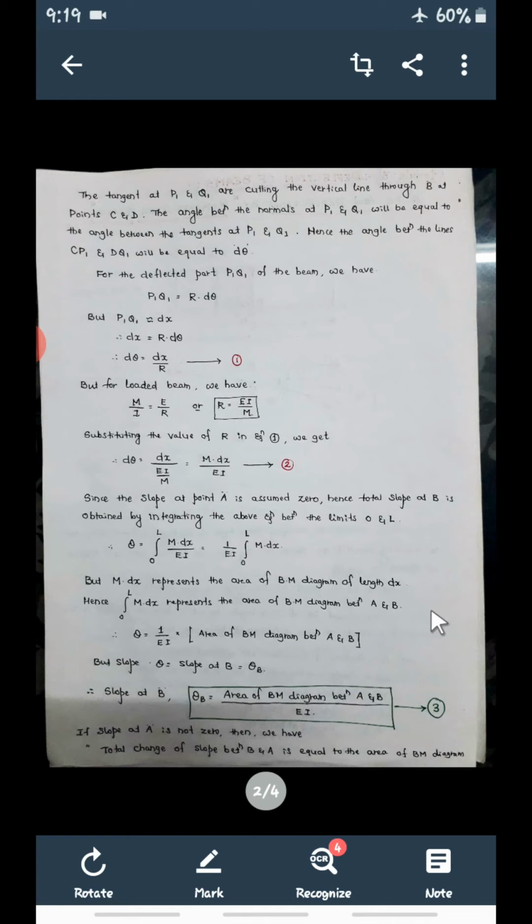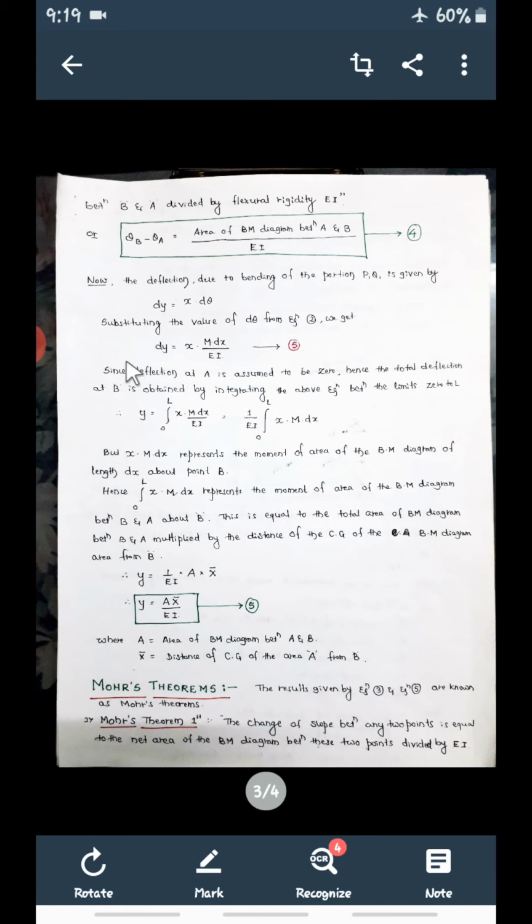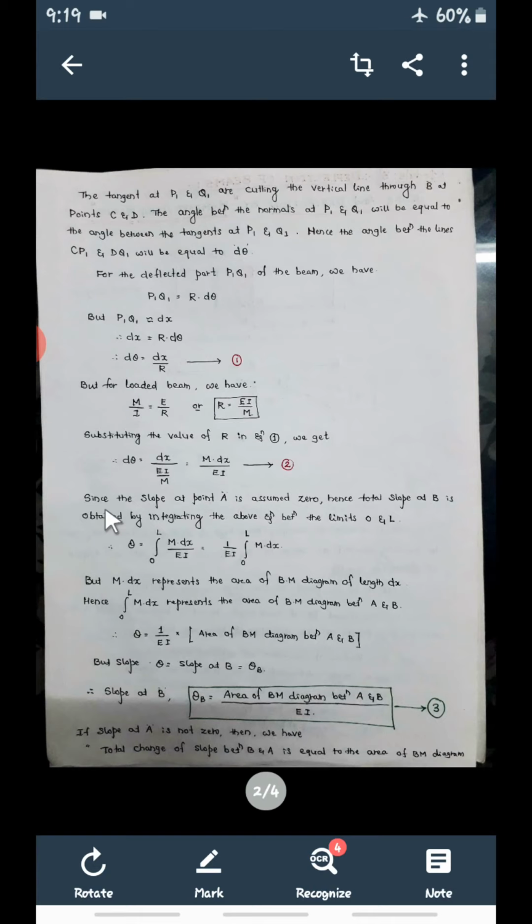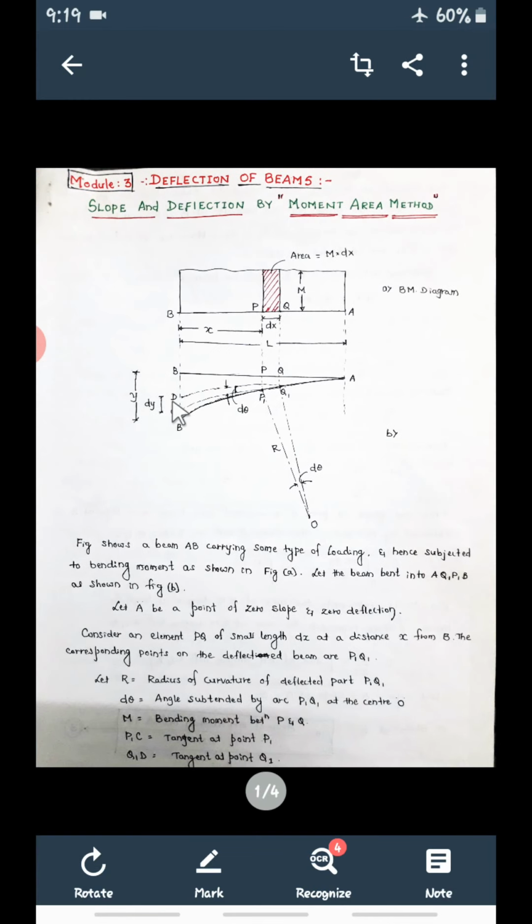So similarly, see here now. The deflection due to bending of the portion P1 Q1 is given by dy. First I will find dy. If you take this as x, from d to here it is x, and the angle here is d theta.